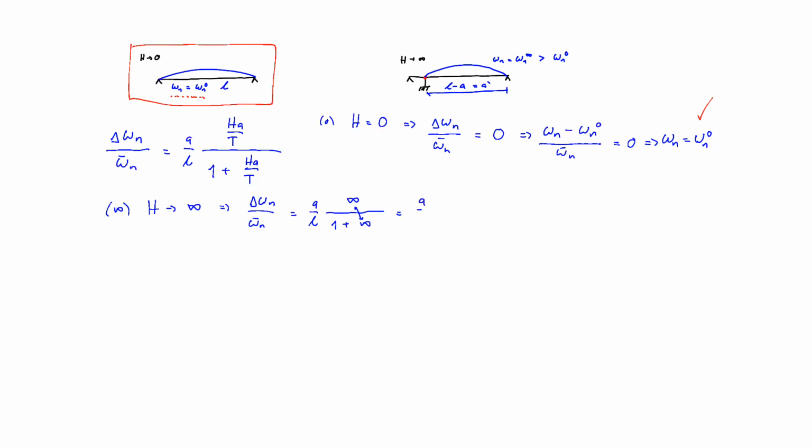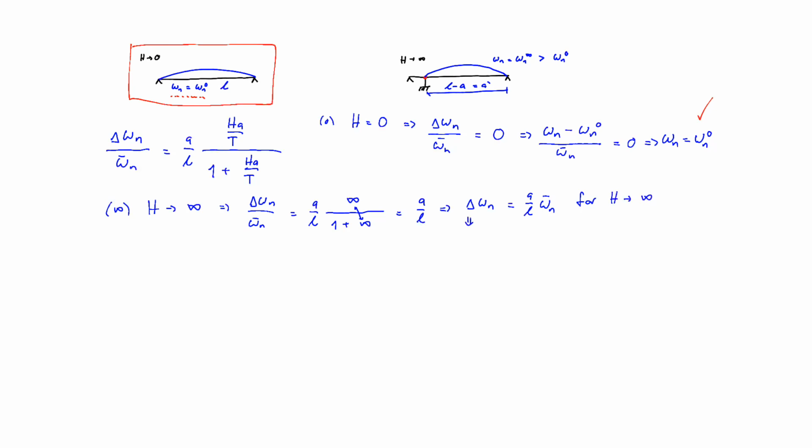Thereby we get A divided by L. That means that the delta omega n becomes equal to A divided by L times this mean value with a bar on top. This is for H approaching infinity.